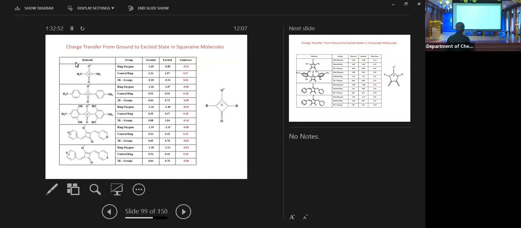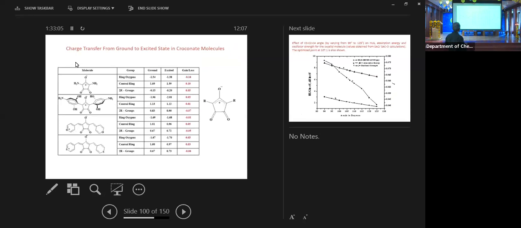And I still find, for example, I take this last molecule, the total change is minus 0.04 on the ring oxygens, central ring is 0.10 and minus 0.06 in the R groups. And I go to the croconate, I find there's not much difference. So that means Langle is wrong. What he said was there's 2 positive, 3 positive, and it is a large donor acceptor complex. We found it was wrong.